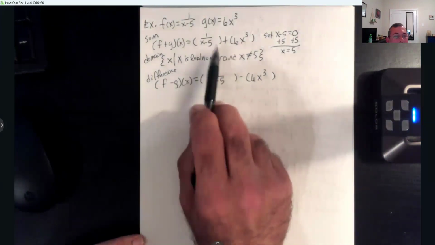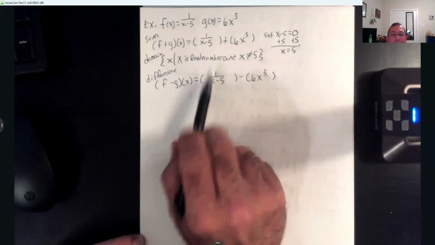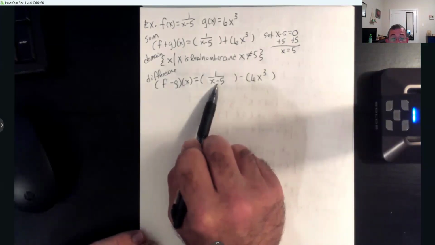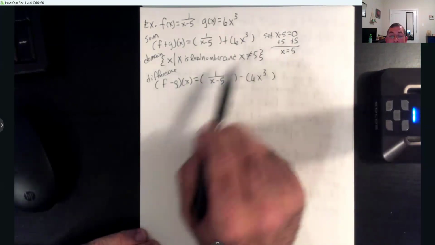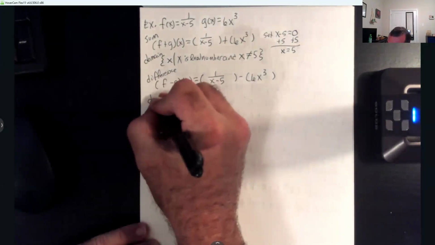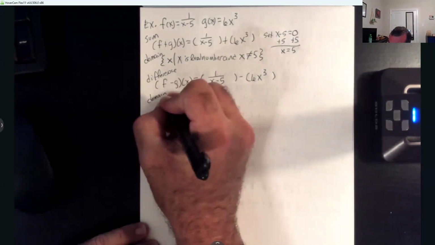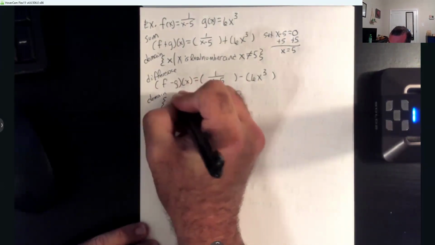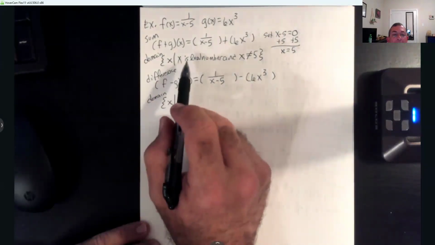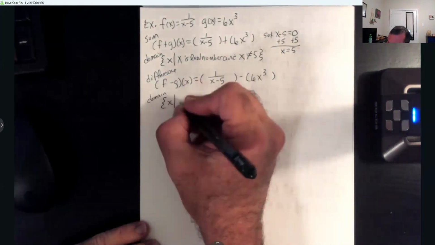It's the same setup as we had with the sums up here. You've only got the one fraction to worry about. So we're going to still have to exclude that 5 from this fraction. So for that domain, once again, that domain will be the same as the one above, and we'll have x such that x is a real number.